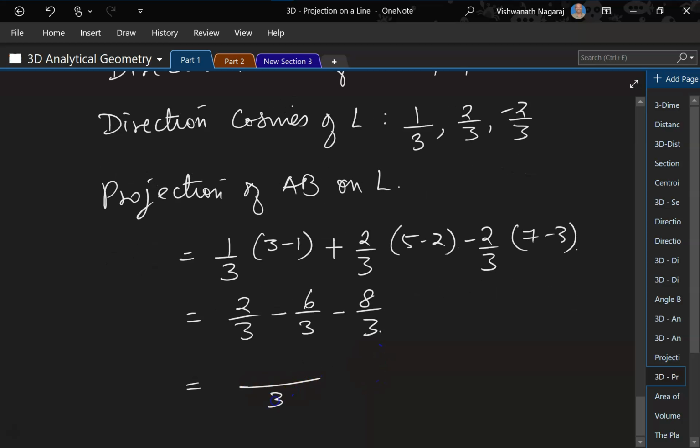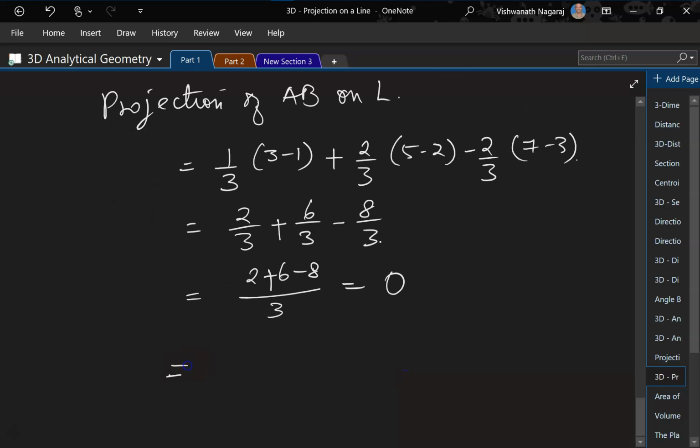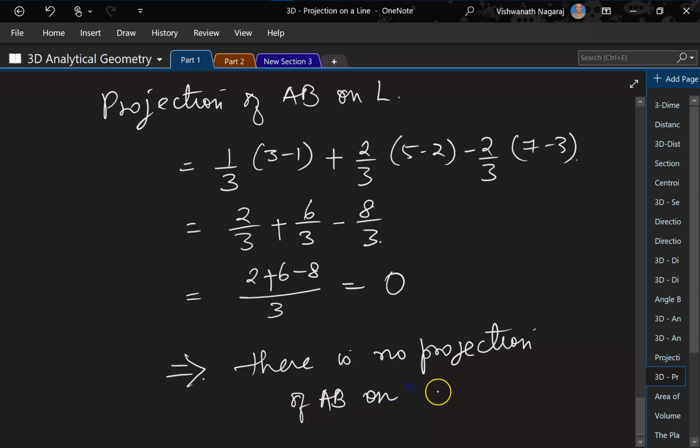So here 3, and on top: 2 plus 6 minus 8. Actually, this will not be minus, this will be plus, because minus 2 times 4 with the minus in front gives plus. Here 6 plus 2, 8 minus 8 is 0. So what does this imply? It implies that there is no projection of AB on L.